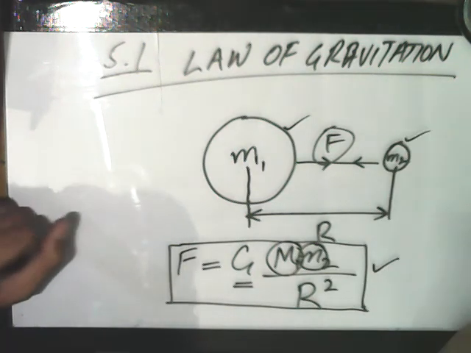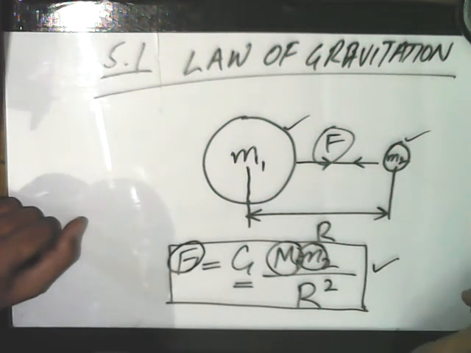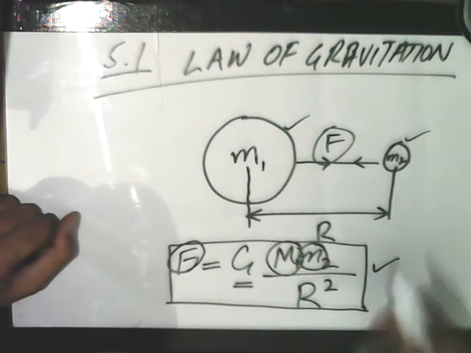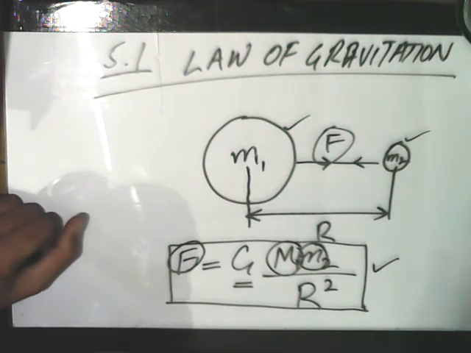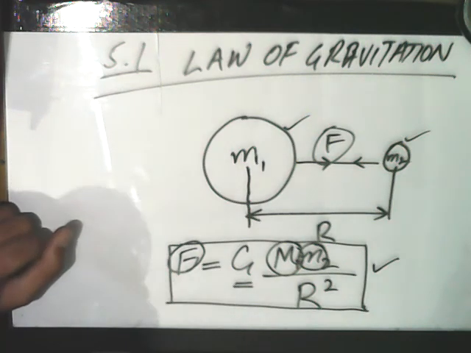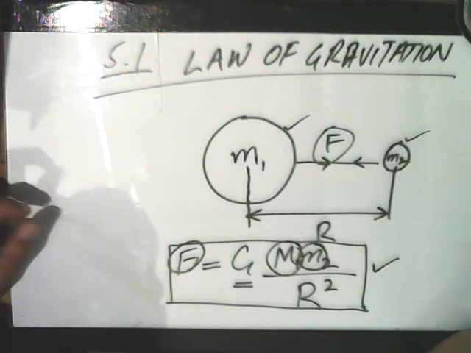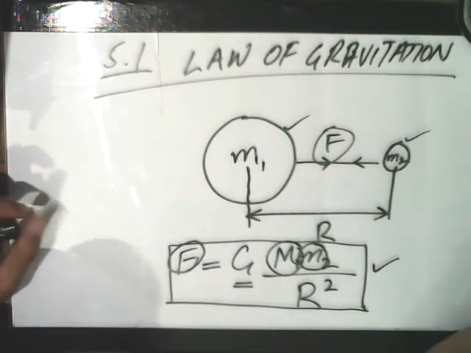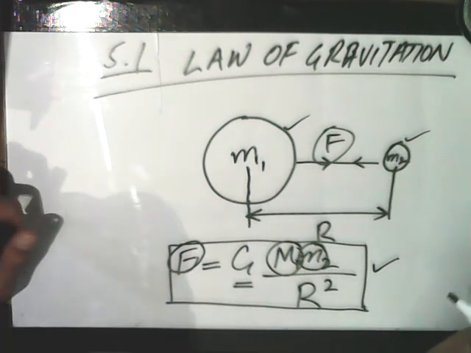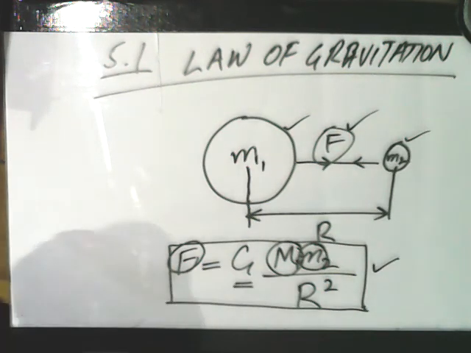Smaller masses like me or my computer are not enough to generate enough force that we could feel it. So yes, there is gravitational acceleration between me and every other mass around me, we're all attracting each other, but we are unable to feel that force because the value is very, very small. In terms of bigger planetary systems or celestial objects like stars, moon, planets, we would definitely get to feel this force, and that is what we call Newton's gravitational force.